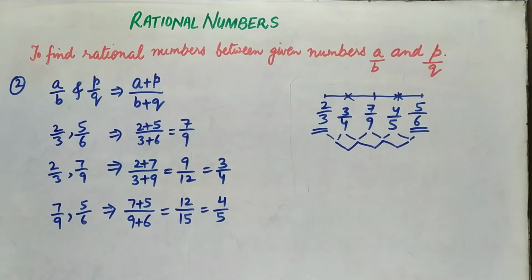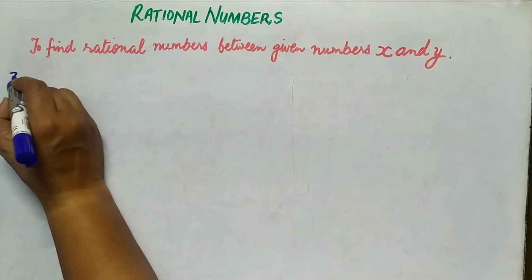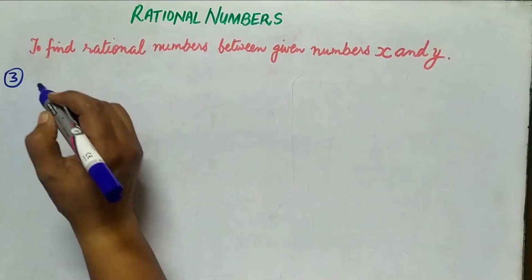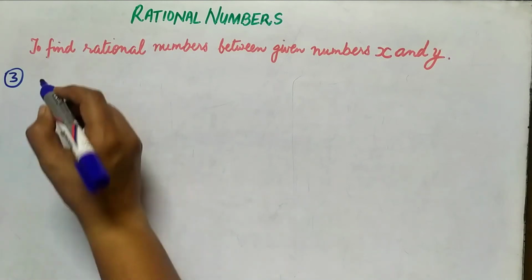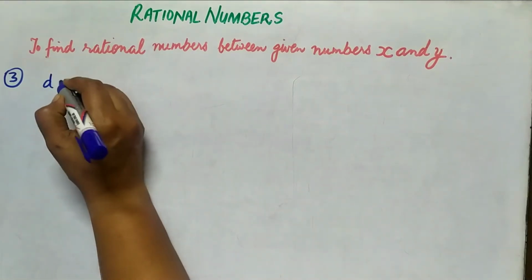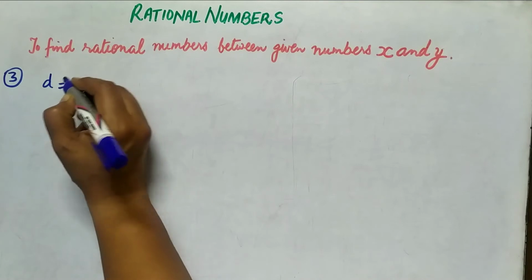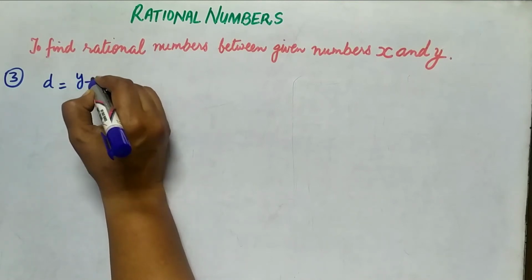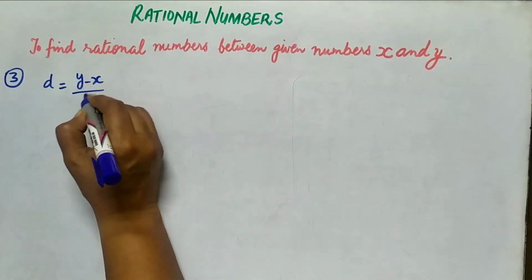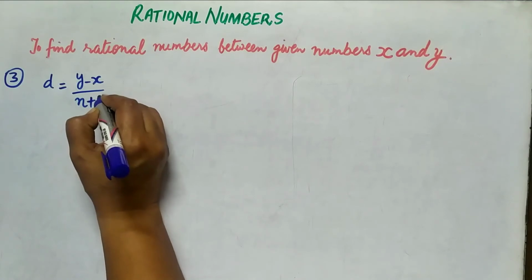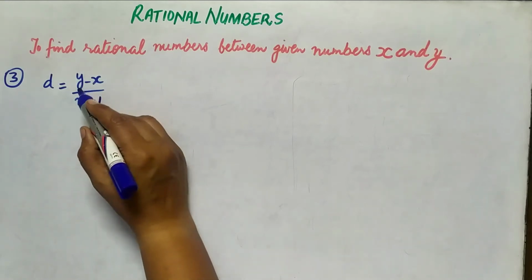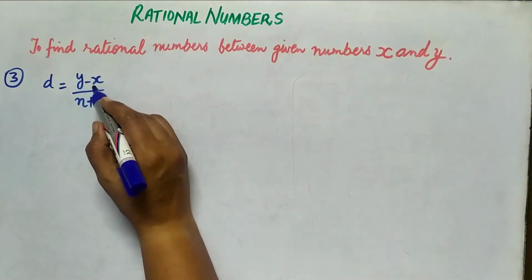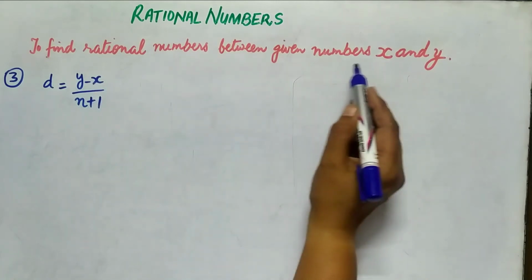Now we move towards the formula method. Third method is formula method. What is the formula? We have to find first of all d. d is equal to y minus x upon n plus 1. y and x, these are the two rational numbers which are given in the question.